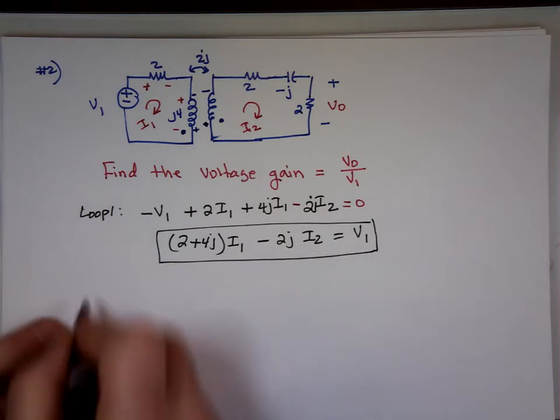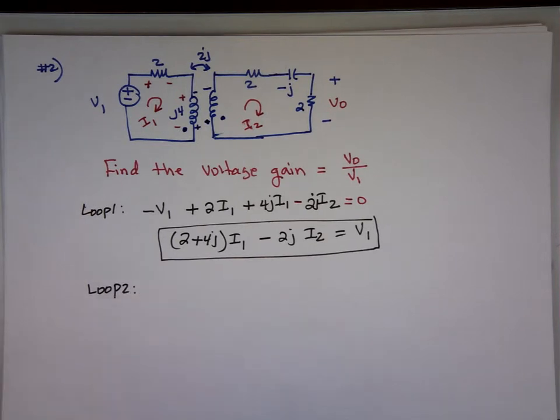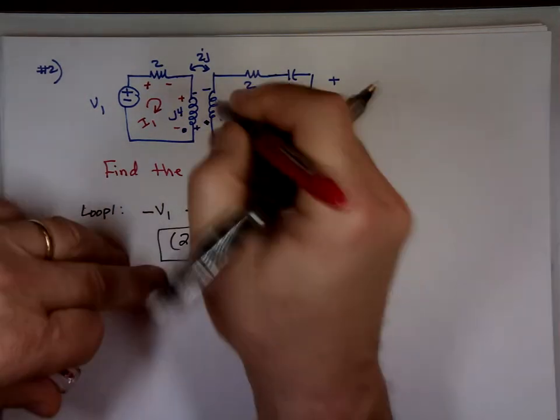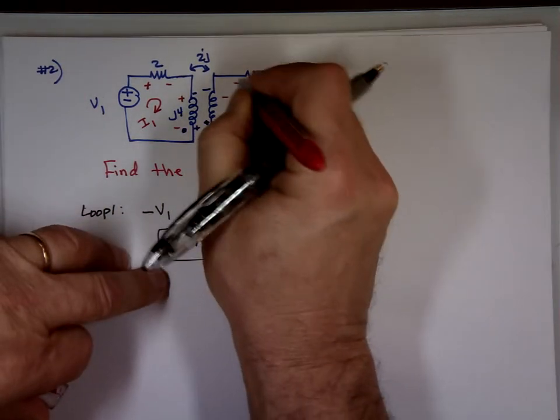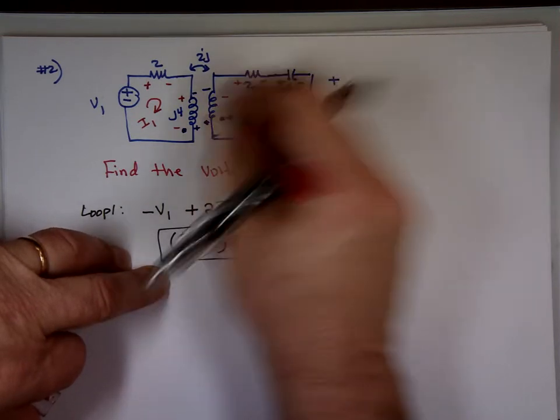Let's take a look at loop 2. Loop 2 right here. So I'm going to travel in this direction, so it's going to be plus, minus, plus, minus, plus, minus, plus, minus. I'm traveling clockwise.